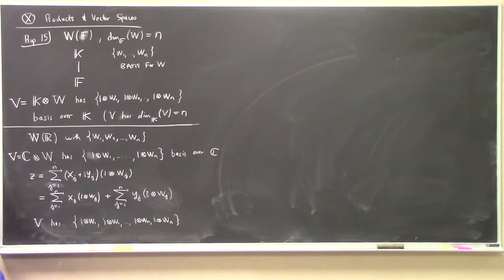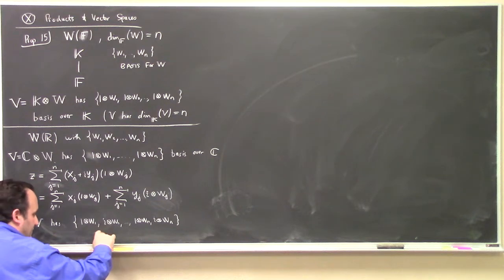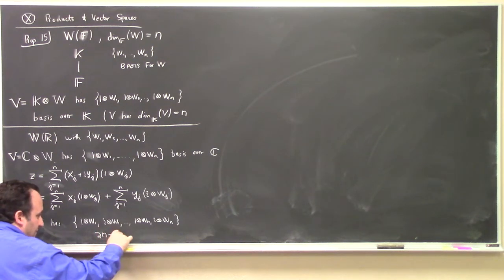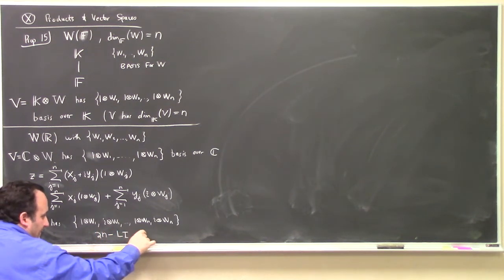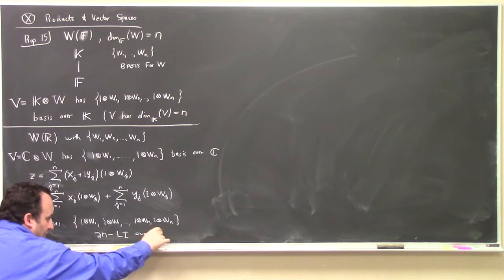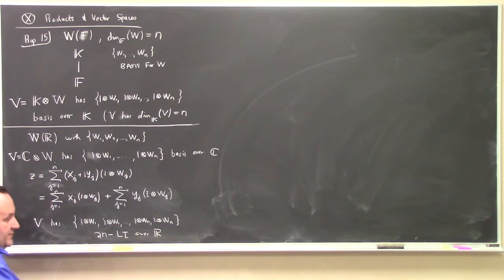How many things are in there? n. Oh, 2n things? 2n, right? So this is 2n linearly independent over R. So the complexification is a real vector space itself of dimension twice what you started.